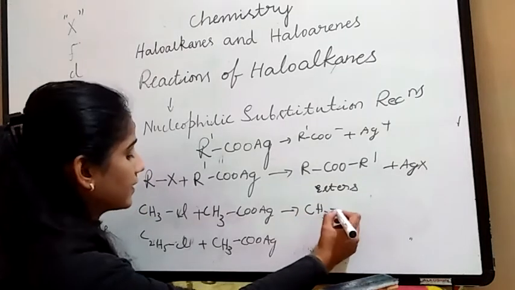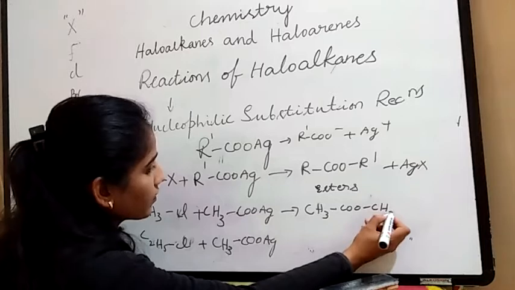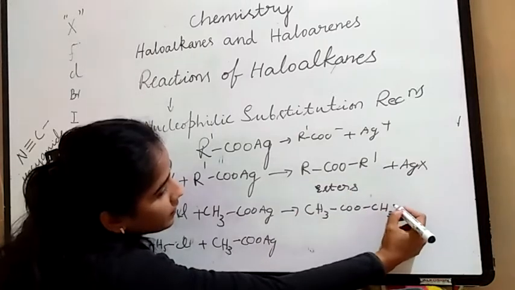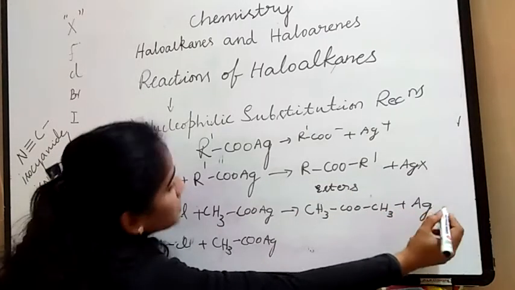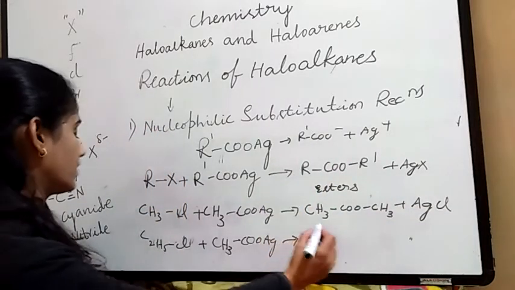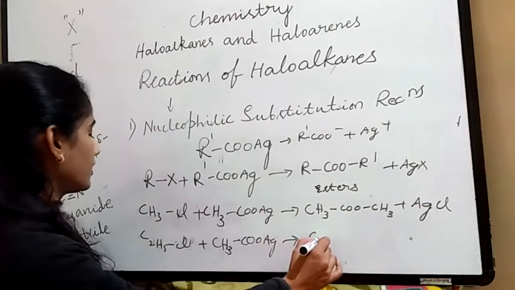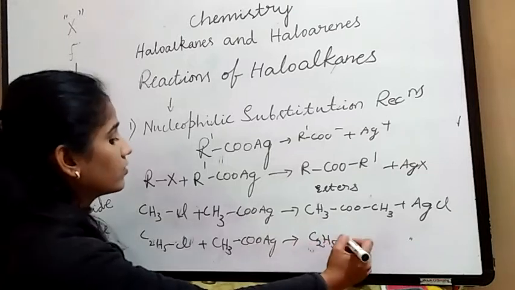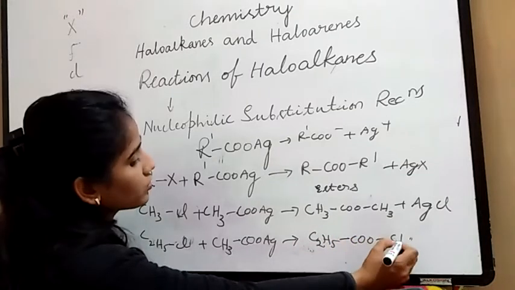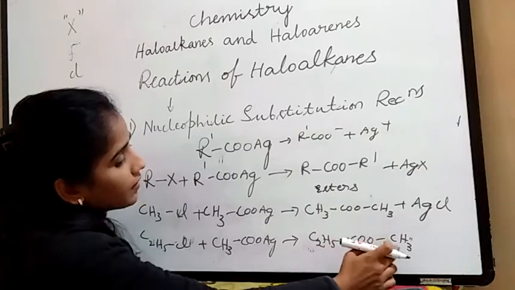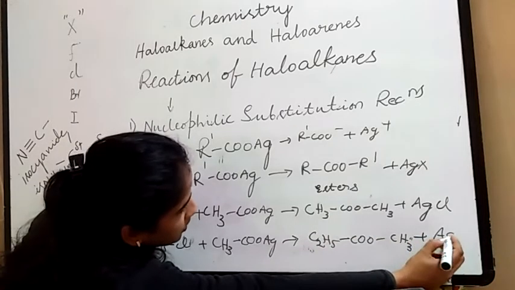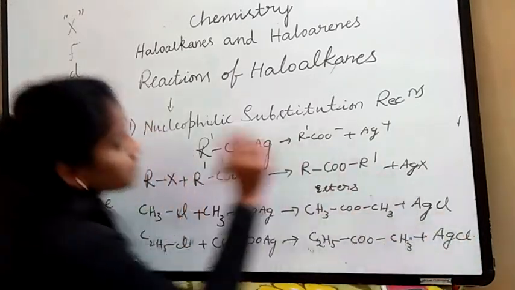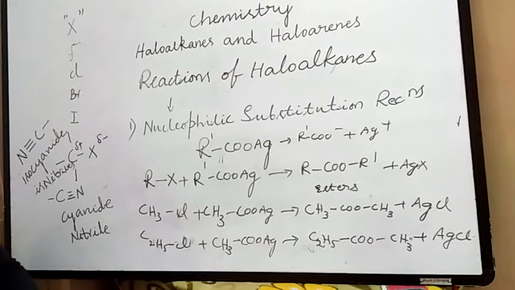Be careful while you are writing the name: CH3COOCH3, both are methyl groups only, dimethyl ester plus AgCl. Here I am taking C2H5Cl plus CH3COOAg gives C2H5COOCH3, methyl ester plus AgCl. This is a general reaction. You can take examples of CH3 and C2H5 groups in place of R. This is a nucleophilic substitution reaction.